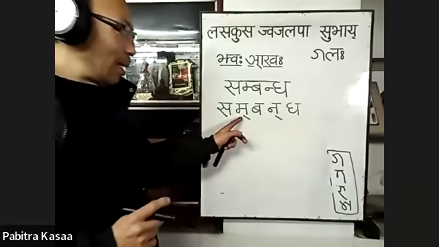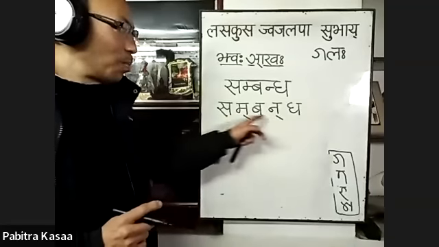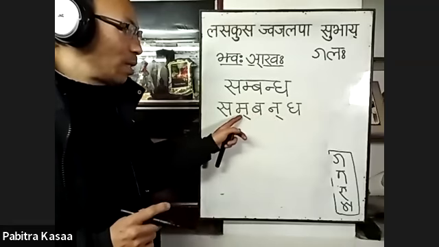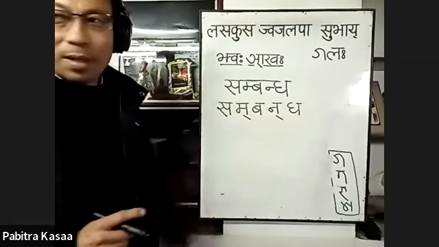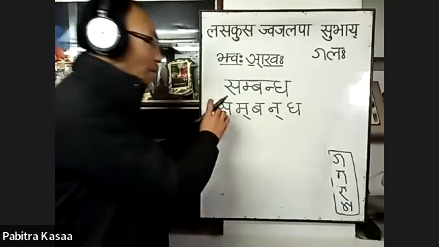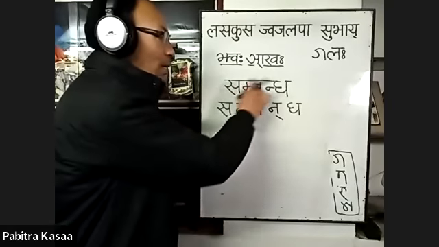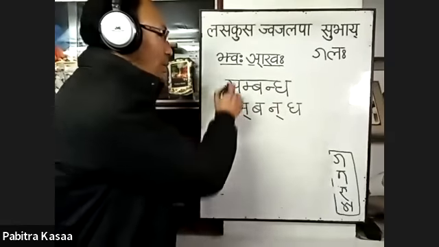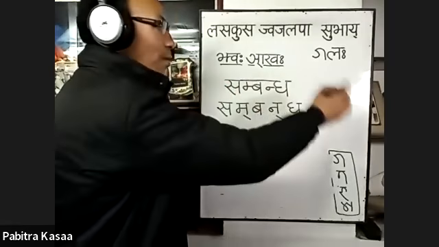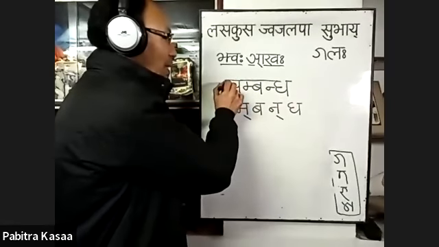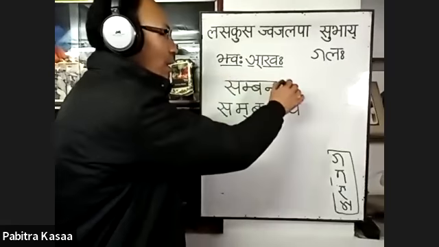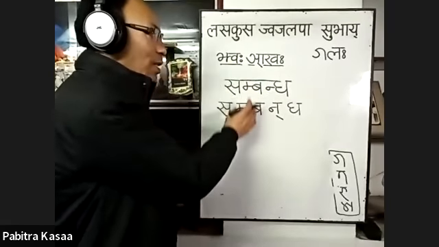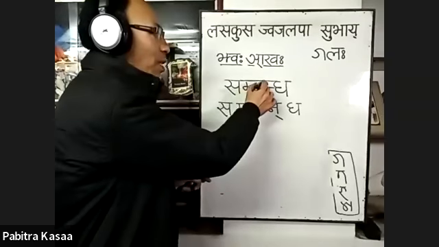So these sounds are spoken half, and the Ba is joined to this letter, and Tha is joined to this letter. And when you write this kind of thing, the Sanyukta Akshar or the combined letters, what you do is you write it from left to right. You write these letters from left to right, and it can be written in half wherever it is needed, or full wherever it is needed.